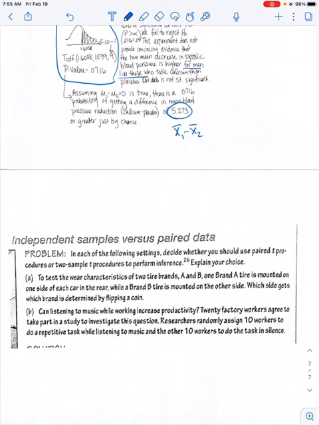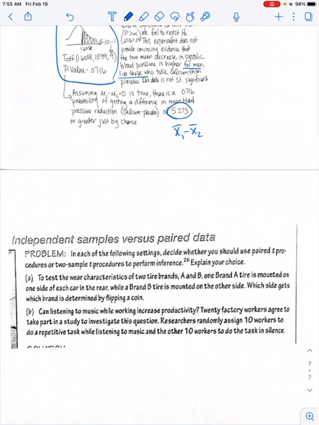You have 20 factory workers, but they were separated into two groups. 10 workers did this particular task, and the other 10 workers did this particular task. They didn't switch. So my sample size is 10 for both. So that's a two sample.